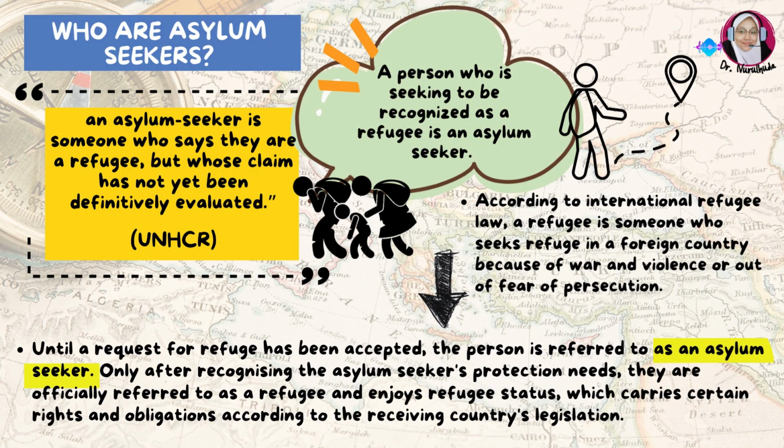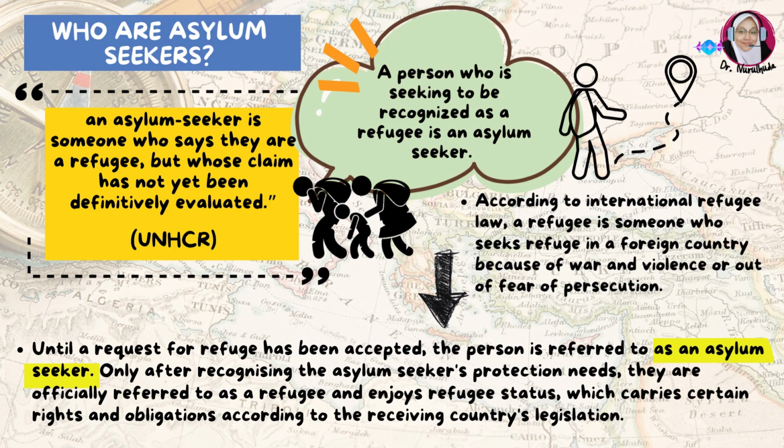Right. So next, besides refugee, who is an asylum seeker? A person who is seeking to be recognized as a refugee is an asylum seeker. Meaning that an asylum seeker is someone who says they are a refugee but whose claim has not yet been definitively evaluated. According to international refugee law, a refugee is someone who seeks refuge in a foreign country because of war and violence or out of fear of persecution.